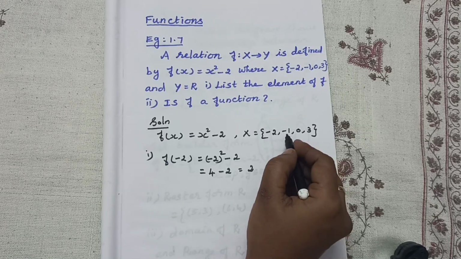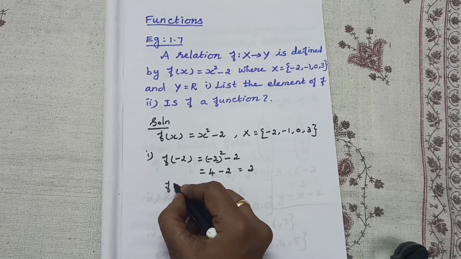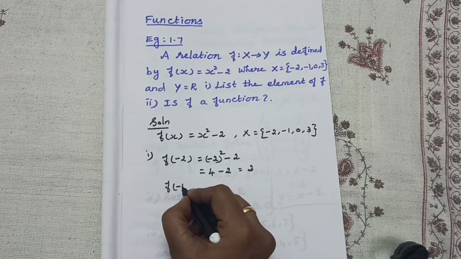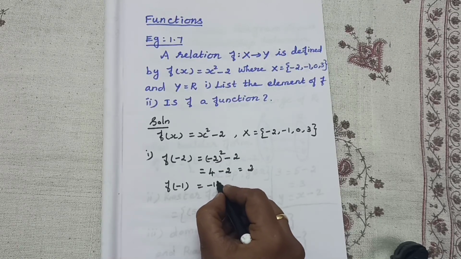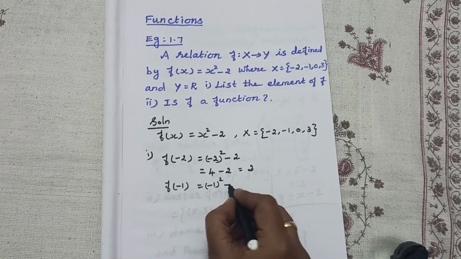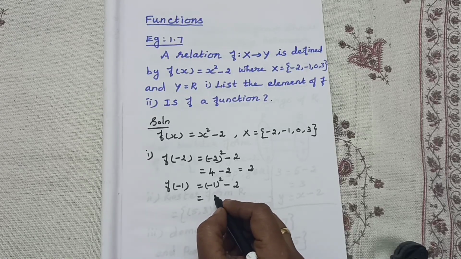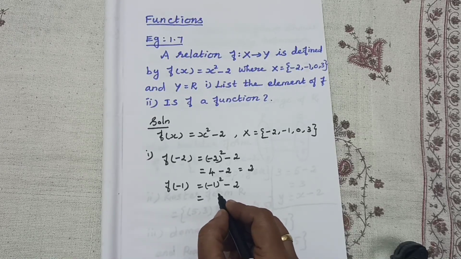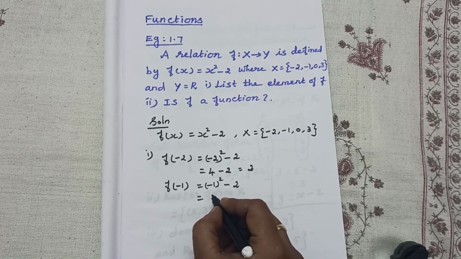Then the second element is minus 1. f of minus 1 is equal to minus 1 the whole square minus 2. Minus 1 the whole square is minus 1 into minus 1, which is plus 1.